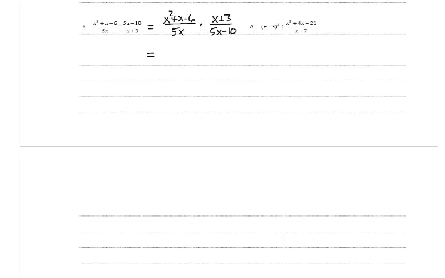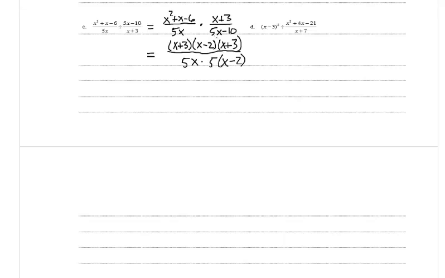So I can write x squared plus x minus 6 as x plus 3 times x minus 2, and then we have another factor of x plus 3 divided by 5 times x times, now we can rewrite 5x minus 10 as 5 times x minus 2.